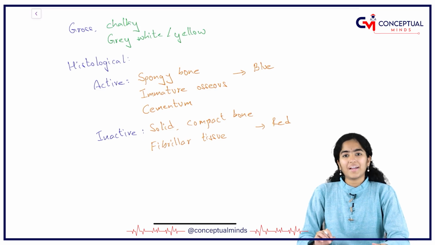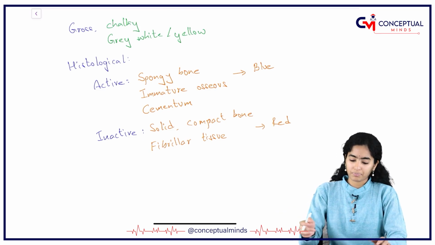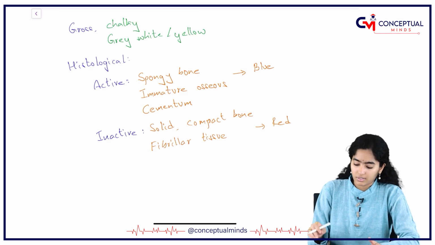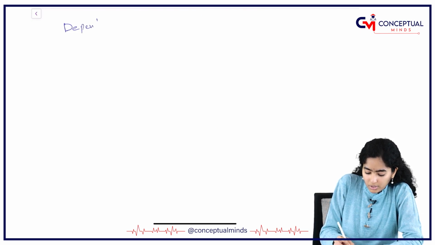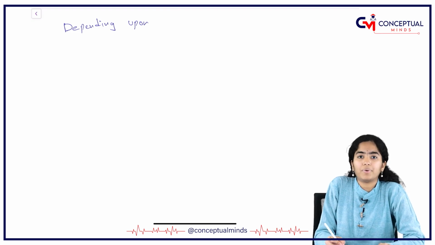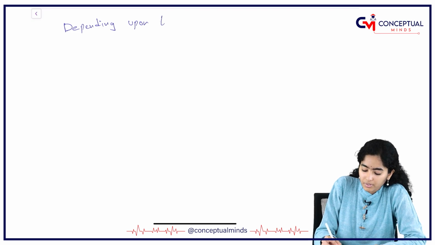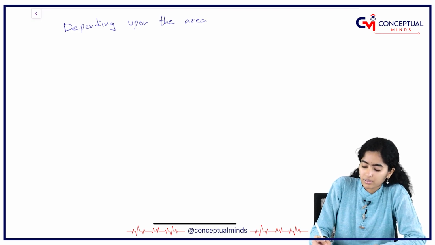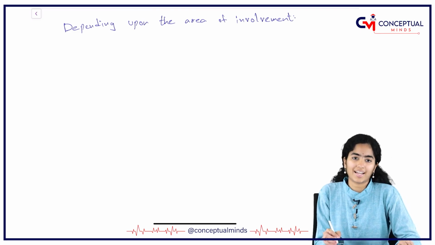Then, depending upon the amount of otosclerotic bone deposition in the region of footplates, it is divided into 4 types. Let me describe those. Depending upon the area of involvement, the amount of otosclerotic changes, it is divided into 4 types.